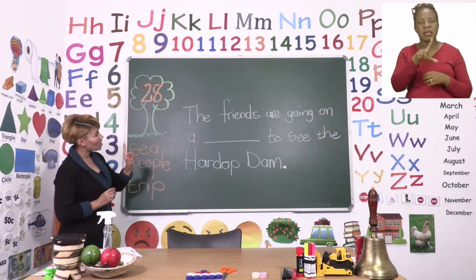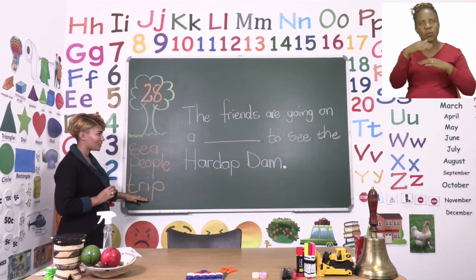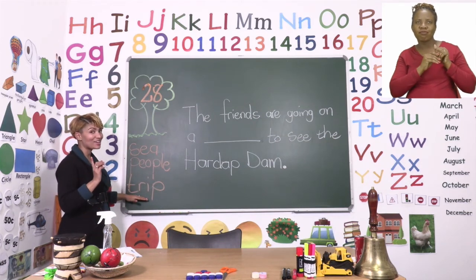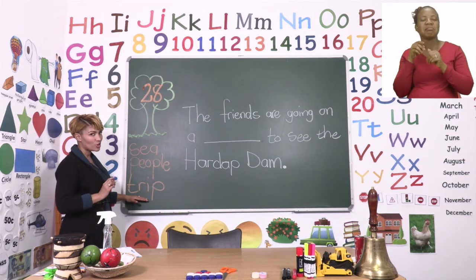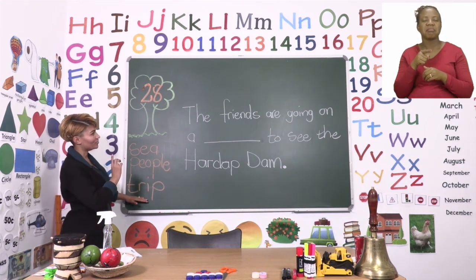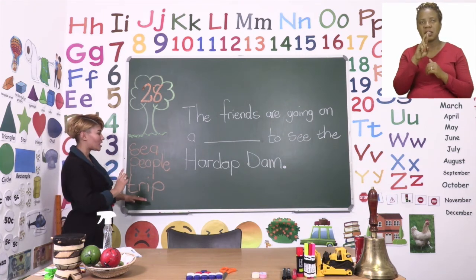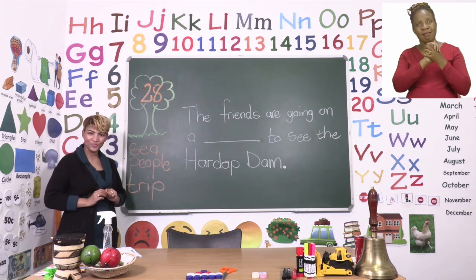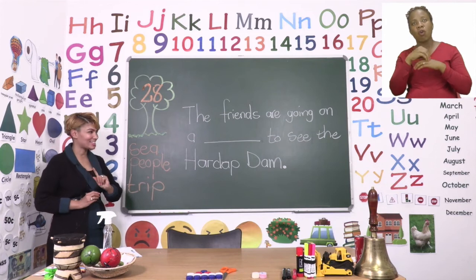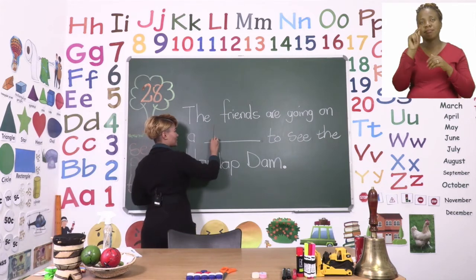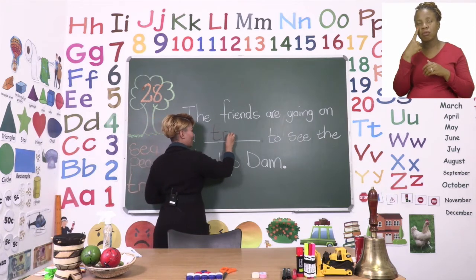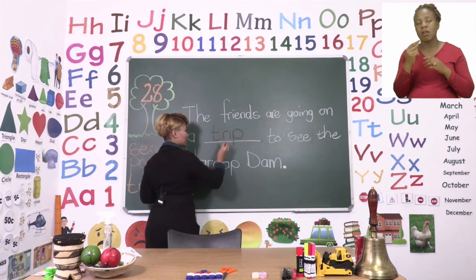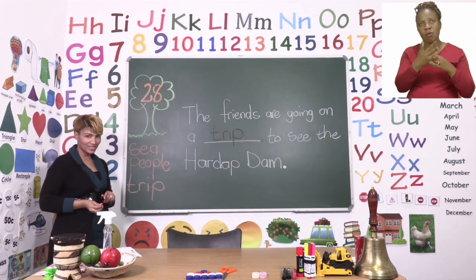The friends are going on a trip. I think this one could work. Let's try it again. The friends are going on a trip to see the Hardap Dam. Now, I think that's the word. So now you can go ahead and write in the first word that fits.